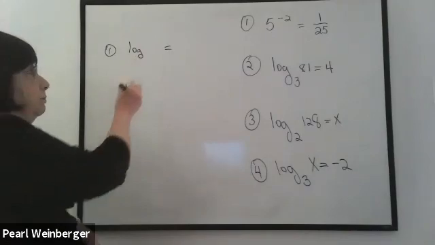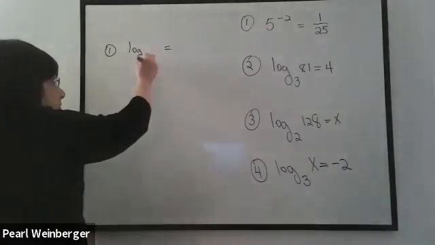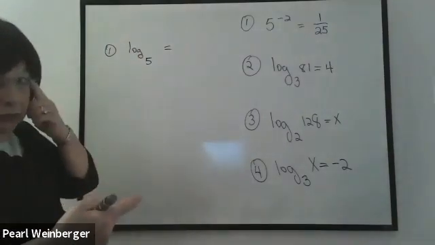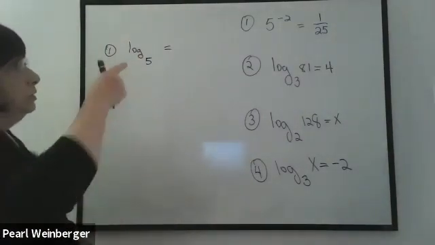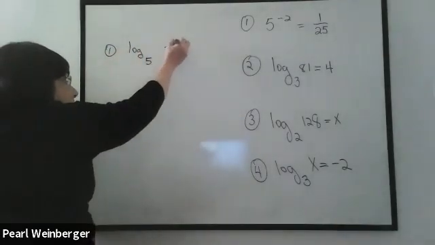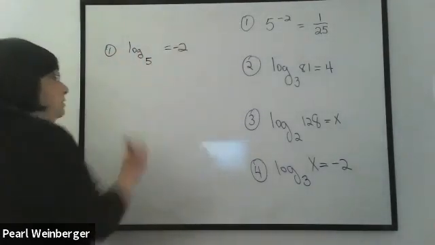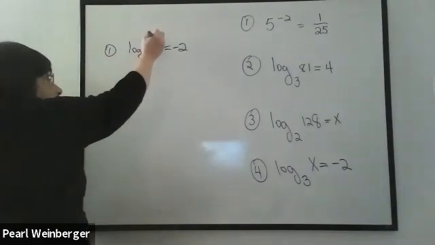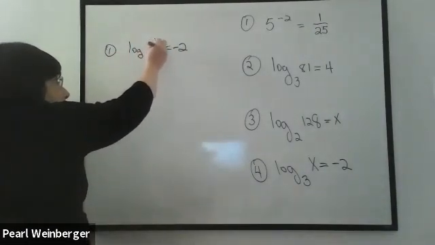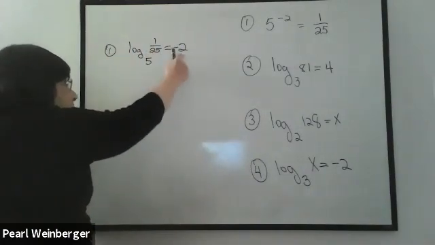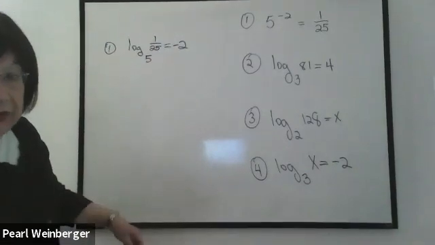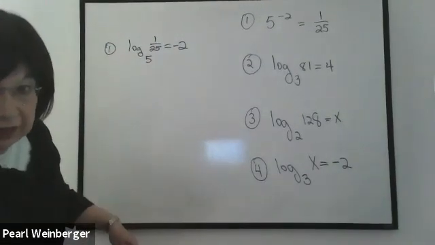In this case, our base is 5. The number on the other side of the equal sign is always the exponent. So this is 5 to the exponent -2. My log, or my exponent, is -2. And the number that goes next to the word log is the final answer that we would get. If I put 5 to the -2, it'll give me 1/25. So you should have had something that looks like this.